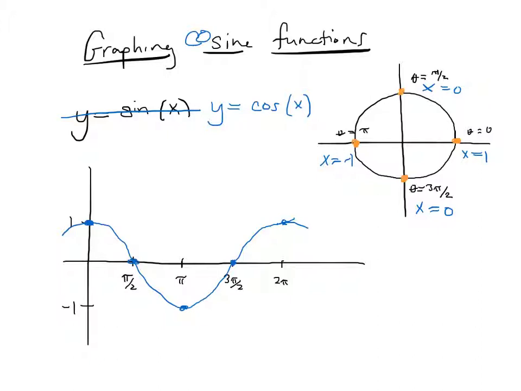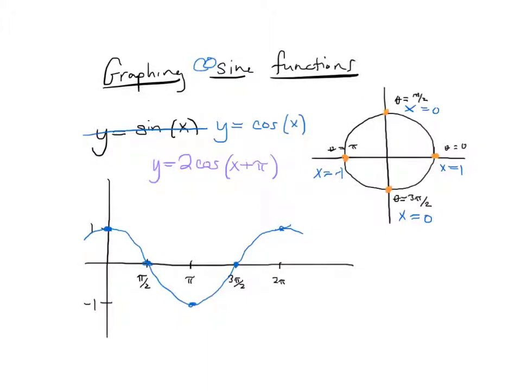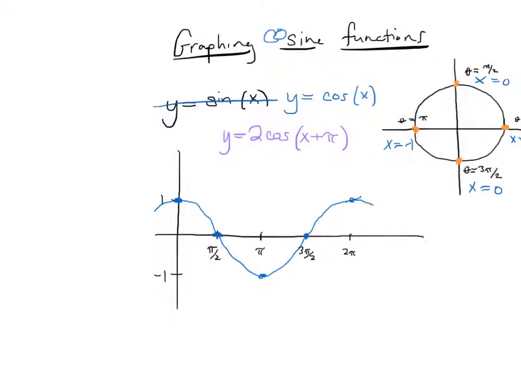So how about something like y equals 2 cosine of (x plus pi)? If you remember from our discussion of sine, we are going to shift left pi, according to this, and stretch up and down by a factor of 2, according to this right here. Okay?